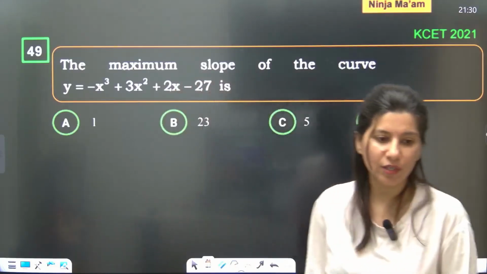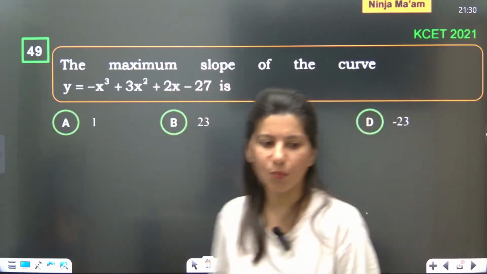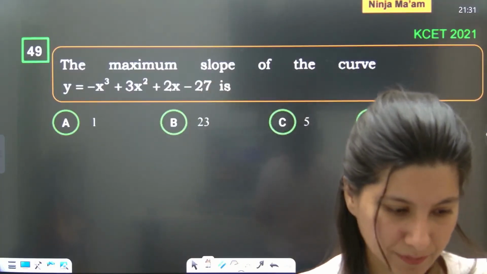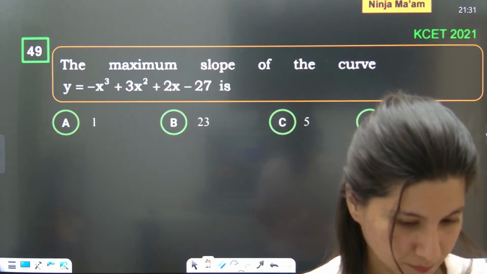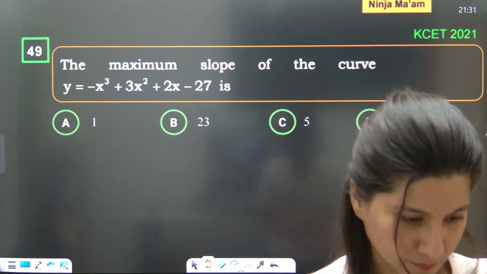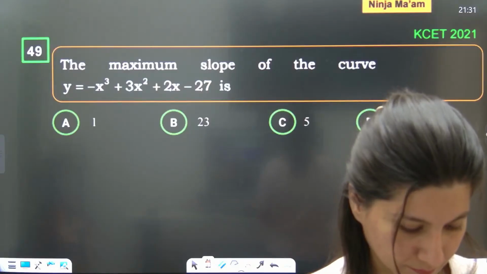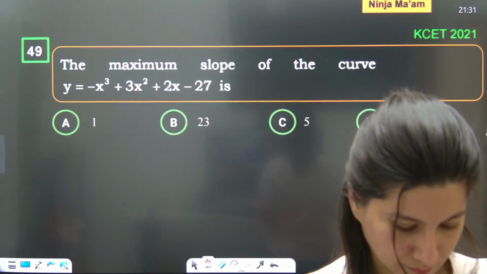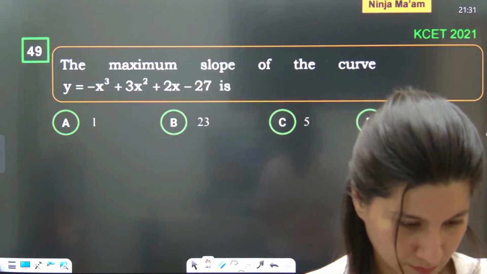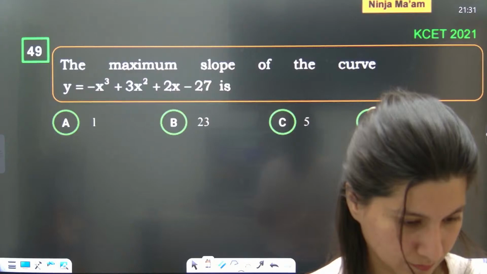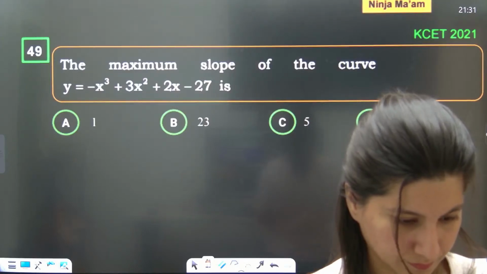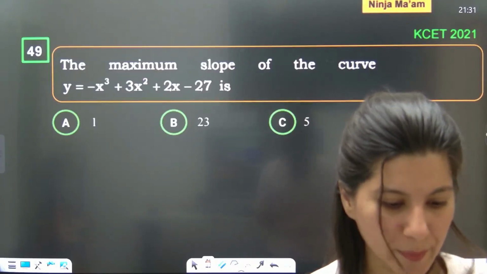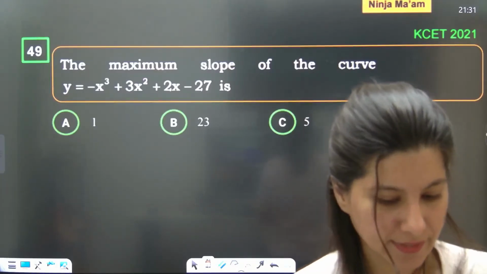Yes, both are for Karnataka. No, both are not for Karnataka. See, the COMEDK exam, let me check. So I think COMEDK is an all India exam.